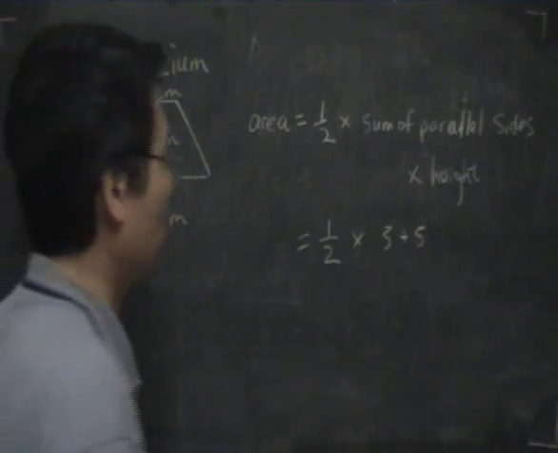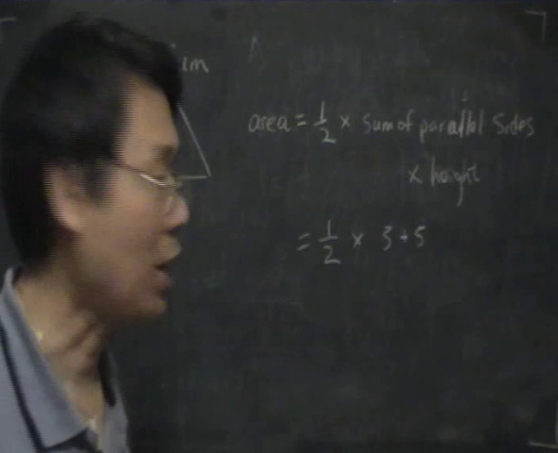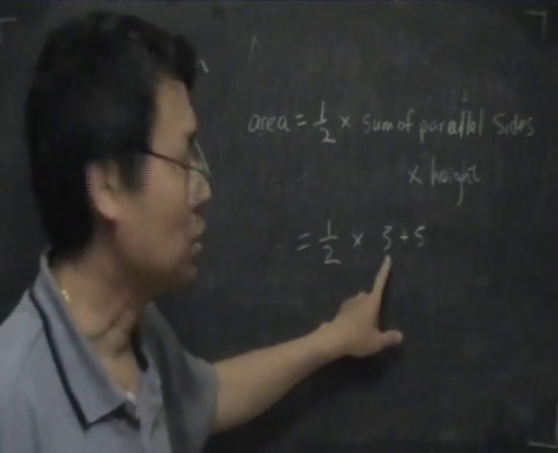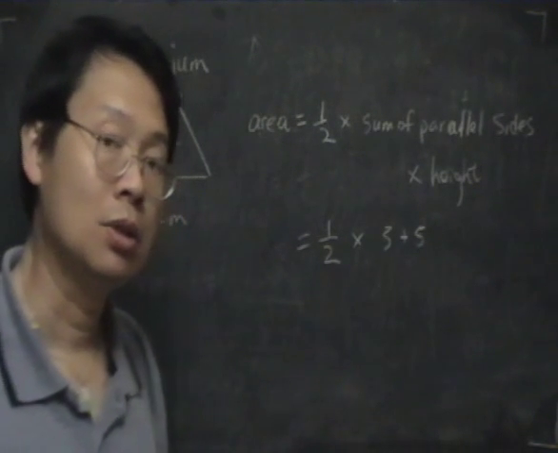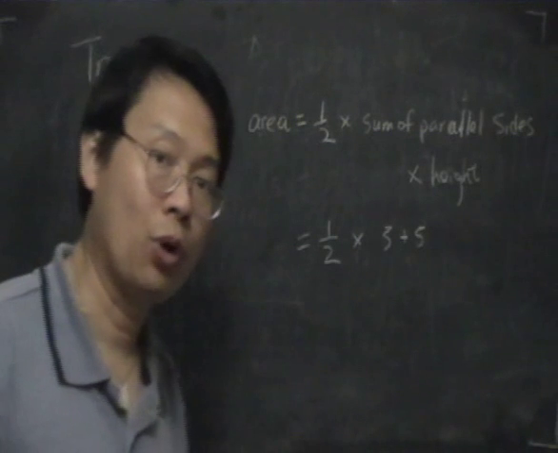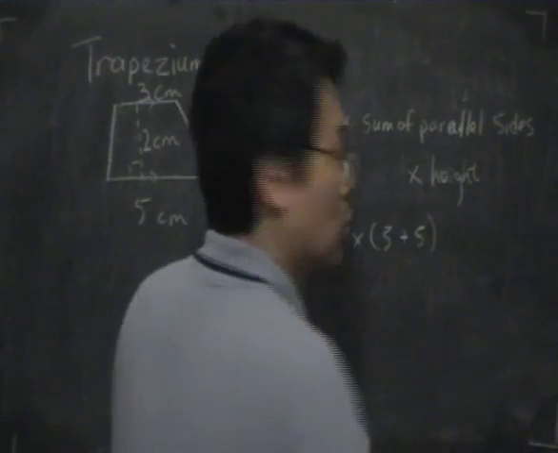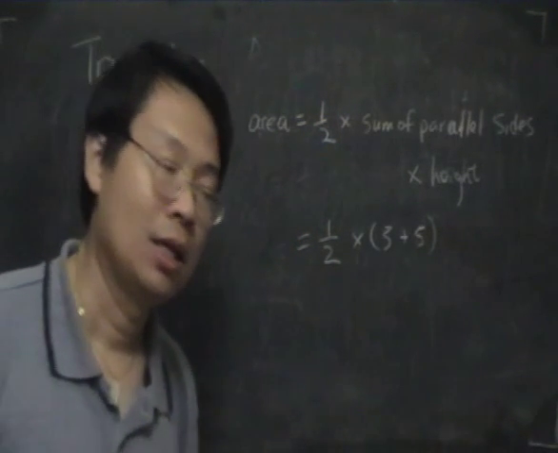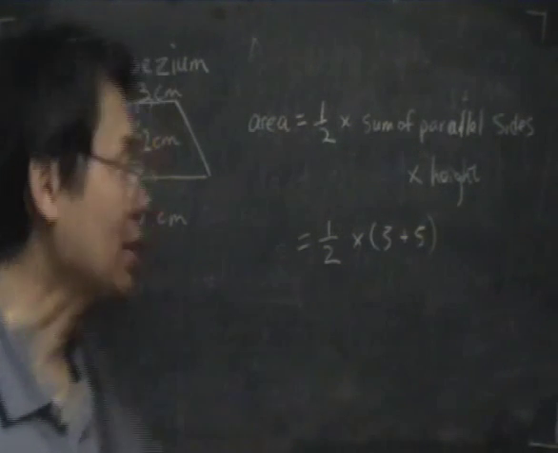That means that I have to be careful to put brackets around the 3 plus 5. Otherwise it looks like I should do the half times 3 first before I add the 5. That's wrong. So to avoid this mistake, we need to put the bracket.